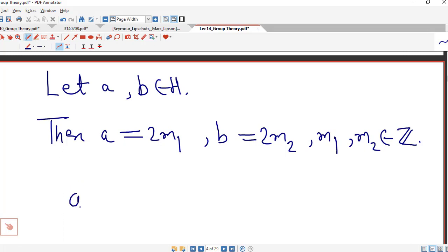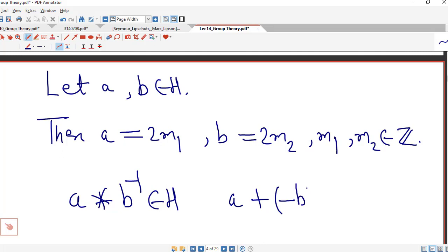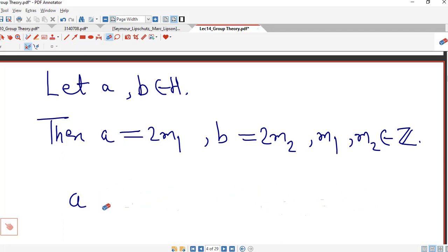Now we have to show that a star b inverse belongs to H. Here the operation is addition and b inverse is minus b. Under the operation of addition, the inverse of b is the negative of b. So we have to show that a minus b is in H. So now we consider a minus b.